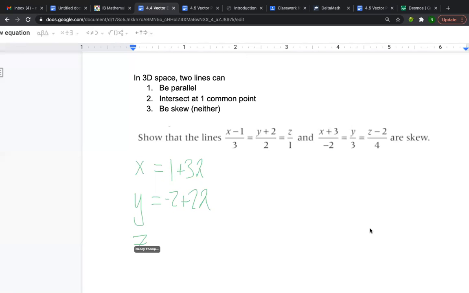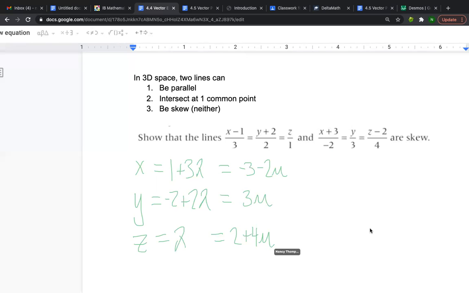And z is just equal to lambda. All I did was set each of these equal to lambda and then solve for x or y or z. So then the second one, when I solve all of those, I have -3 minus 2 mu, 3 mu, and 2 plus 4 mu.